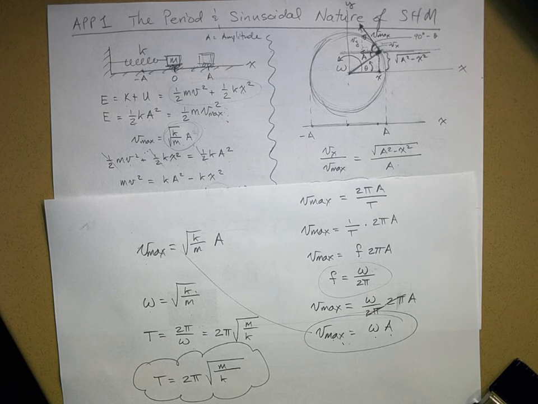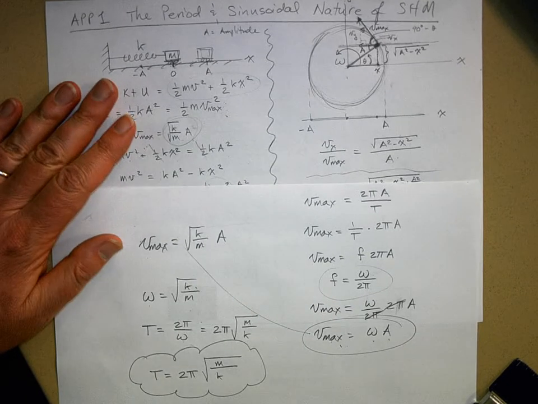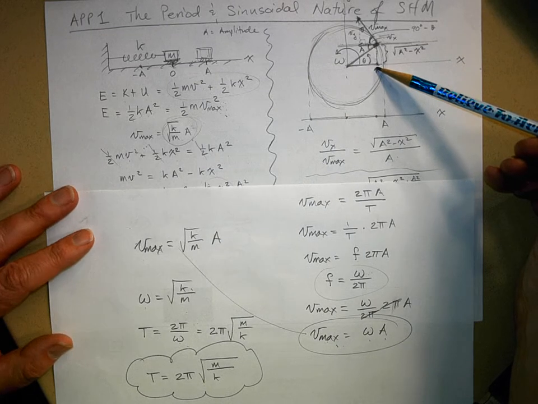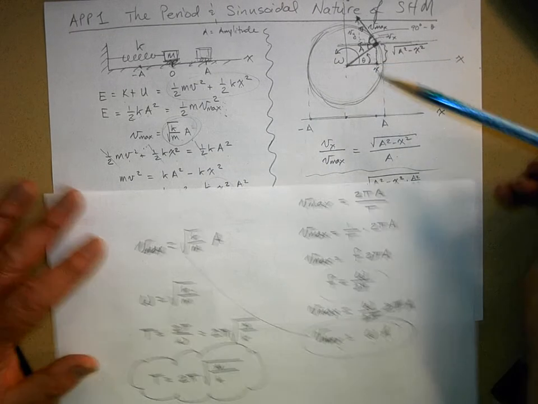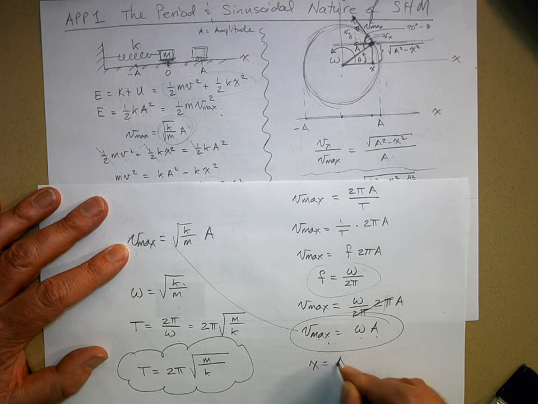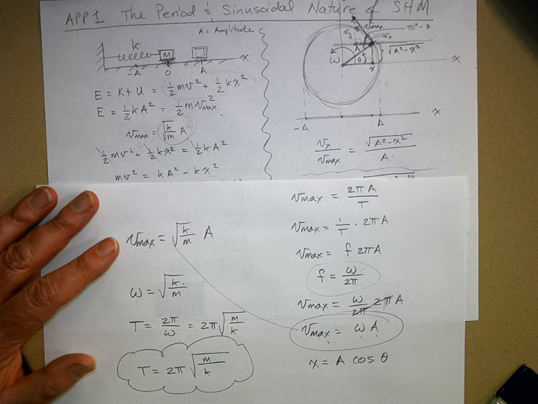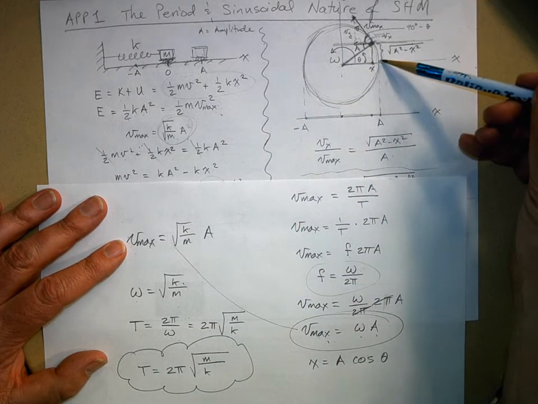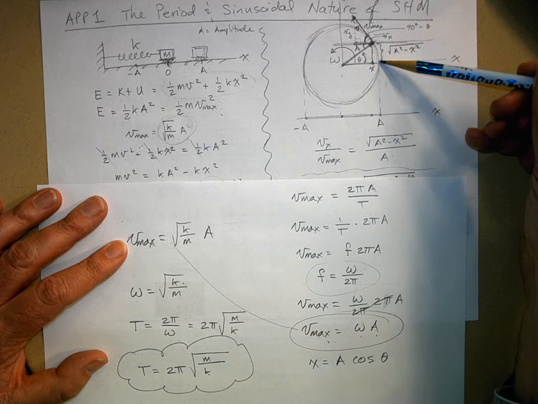Also, look at this. If we look at where x is here, I can develop an equation to describe what x is. Well, we know what x is. x is equal to a cosine theta. But if this is moving around, let's say it starts here, and it moves in a circle around like this.